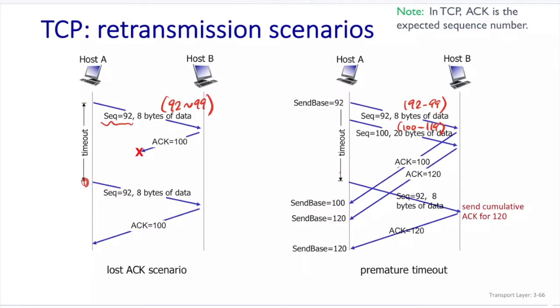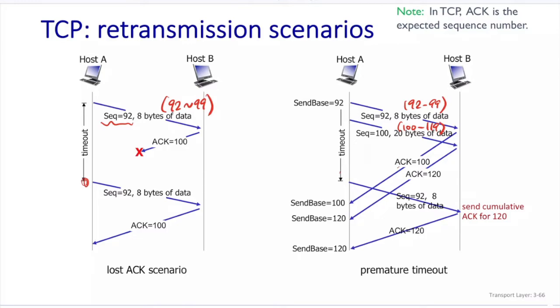That is the left-hand side, the easy one to comprehend. On the right-hand side, because of pipelining, host A sends two data packets to host B. Sequence number 92 includes 8 bytes of data, indexed 92 to 99, and the next packet has sequence number 100 and includes 20 bytes of data, so its index is 100 to 119.